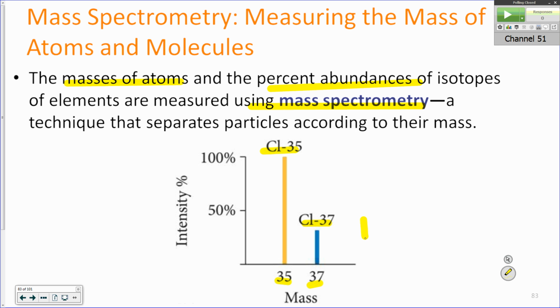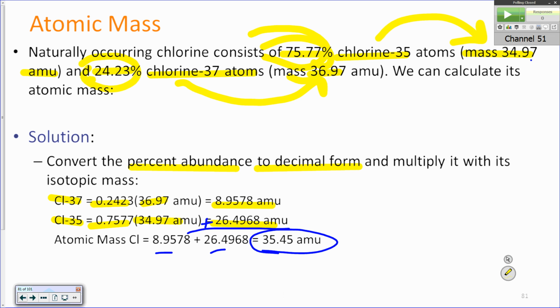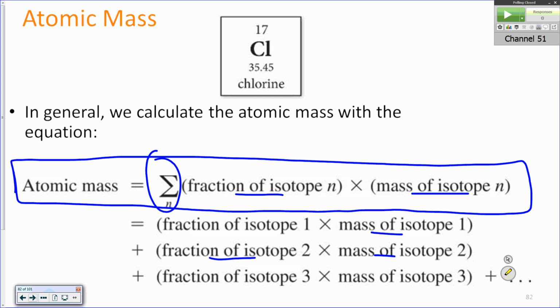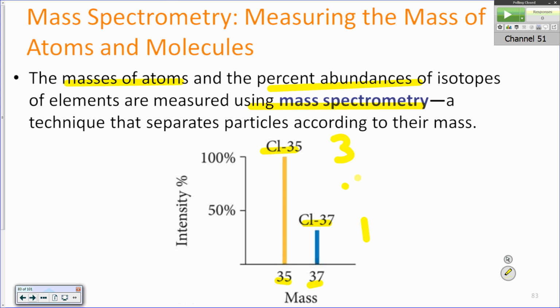So 1 to 3 ratio between the two. And that's what we expect to see. If we went back and looked at chlorine, we saw the percentages were about 75% and about 24%. It's about a 3-to-1 ratio. So the mass spectrometer gives us the capability to know what those actual abundances are in nature.